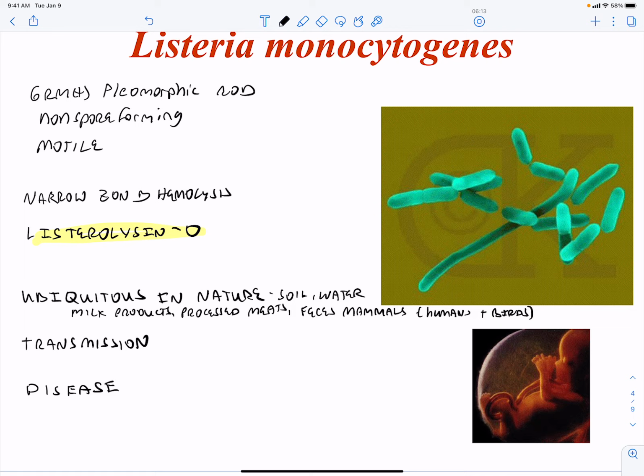Now, with respect to transmission, it is going to be to humans through animal contact. Contaminated food is very rare, and also transplacental. This guy can cross the placenta.